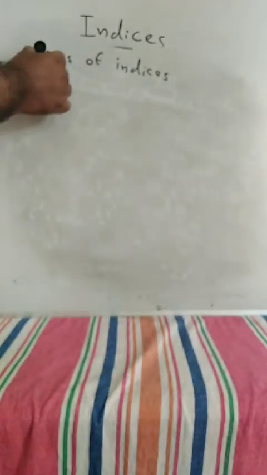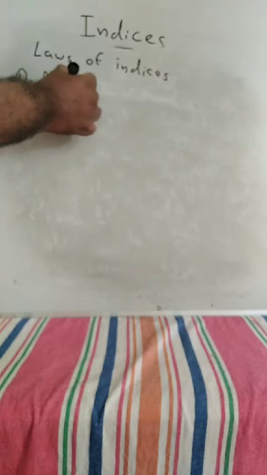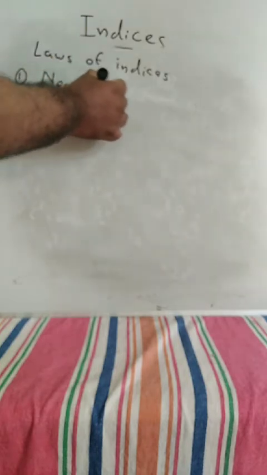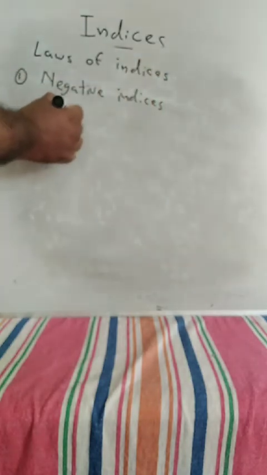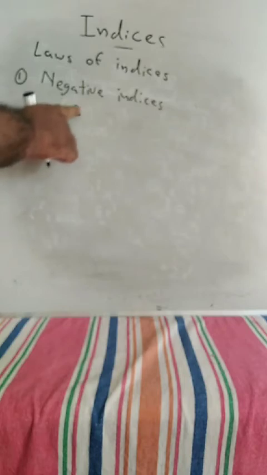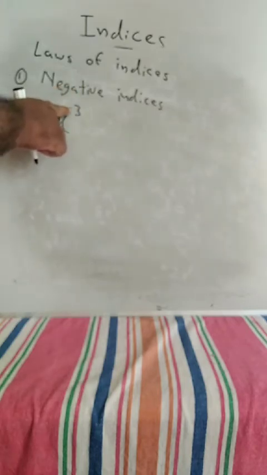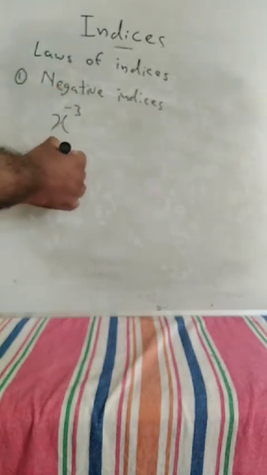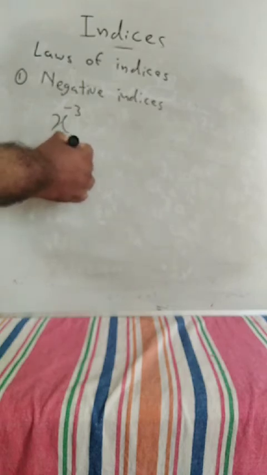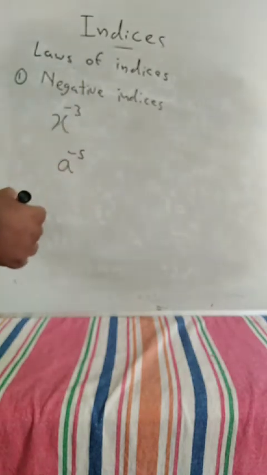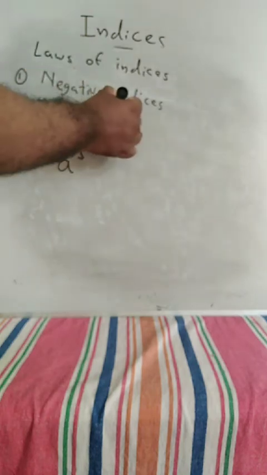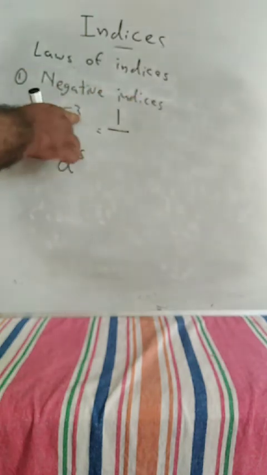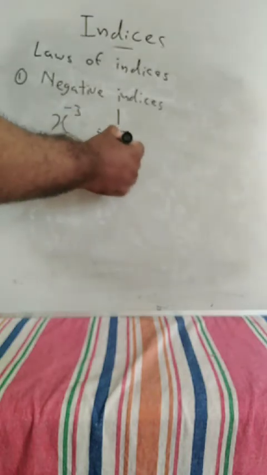Next one, negative indices. Here x to the power minus 3. When negative indices are there, you should convert them into positive indices. Here this is a negative index. When you convert this, the numerator is 1 and the denominator is x to the power 3.